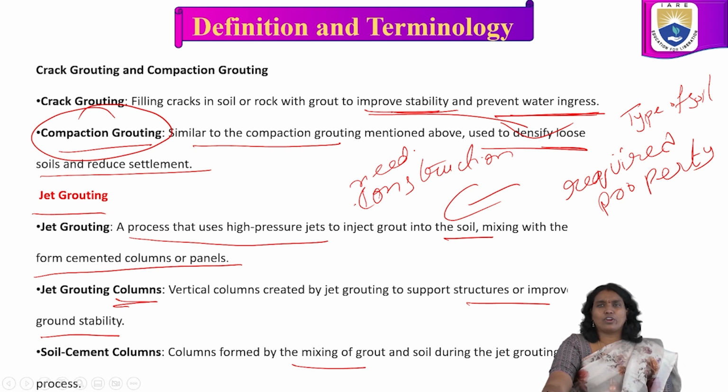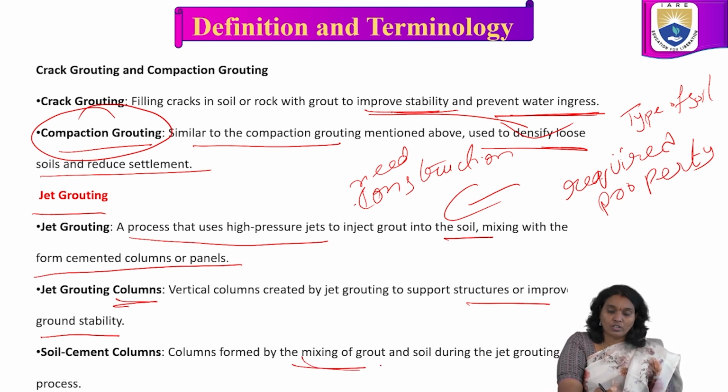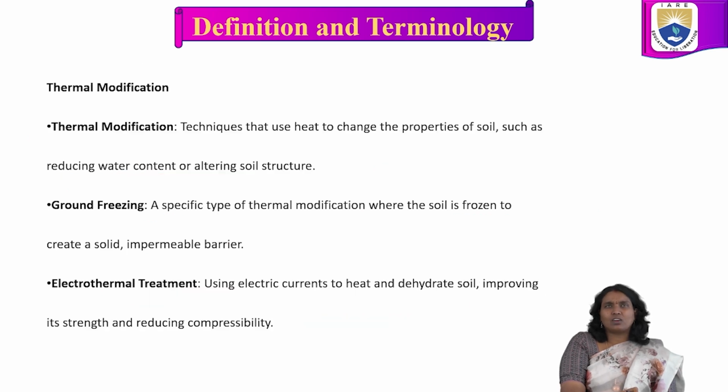So like this we are going to understand. The soil cement columns, also columns mixing of grout and soil during the jet grouting process. Like this, these are the various terms which we use for this jet grouting.